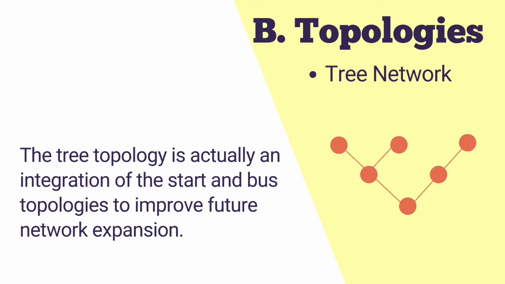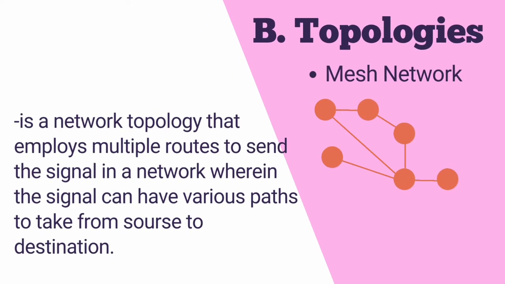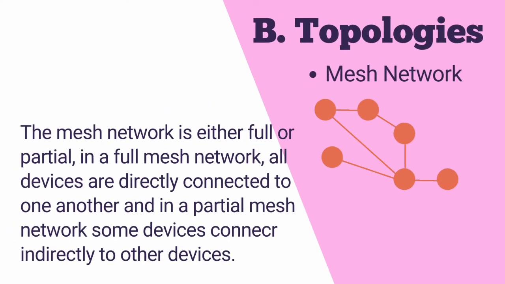Lastly, we have the mesh network. It is a network topology that employs multiple routes to send the signal in a network, wherein the signal can have various paths to take from source to destination. The mesh network is either full or partial. In a full mesh network, all devices are directly connected to one another.